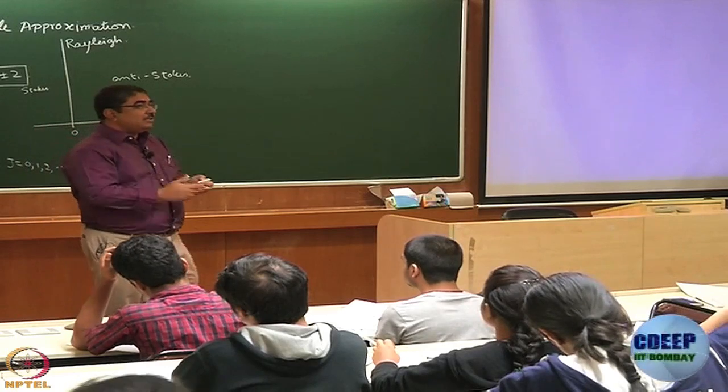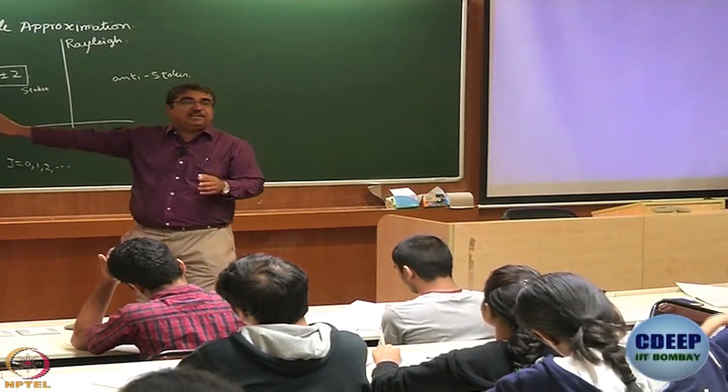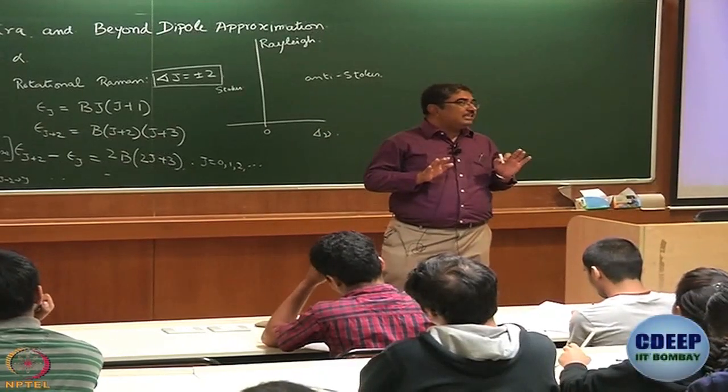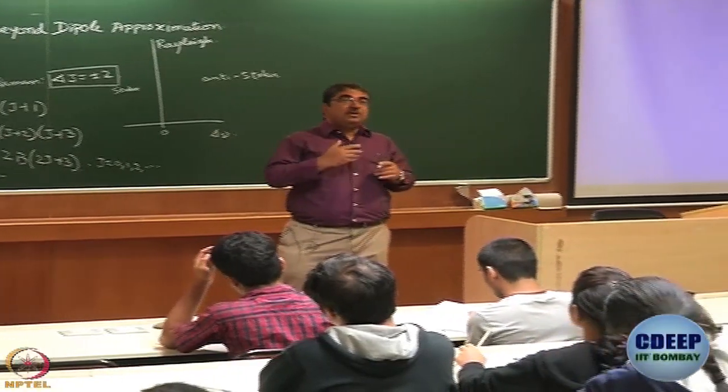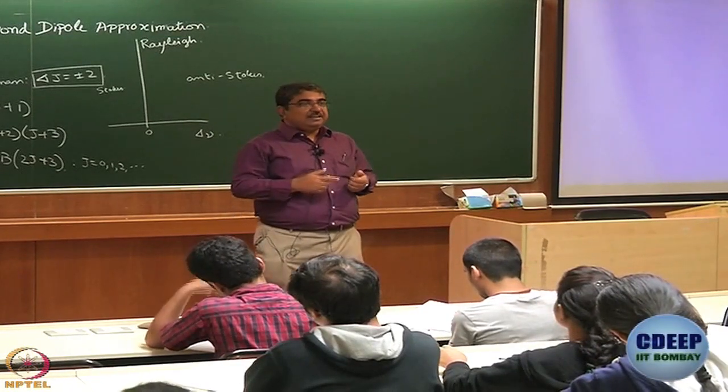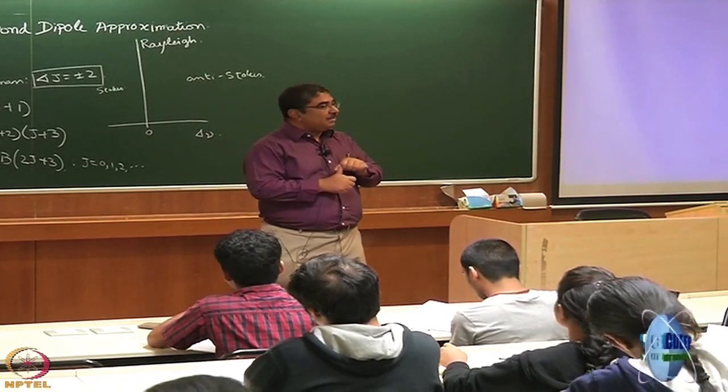Point number 2, why do we need a laser at all? We need a laser because the signal that you get for Raman is not very strong. It is a weak signal, weak scattering. Okay. So, you want to excite as many molecules as possible to get a good signal. So, intensity of the laser, that is an important parameter.